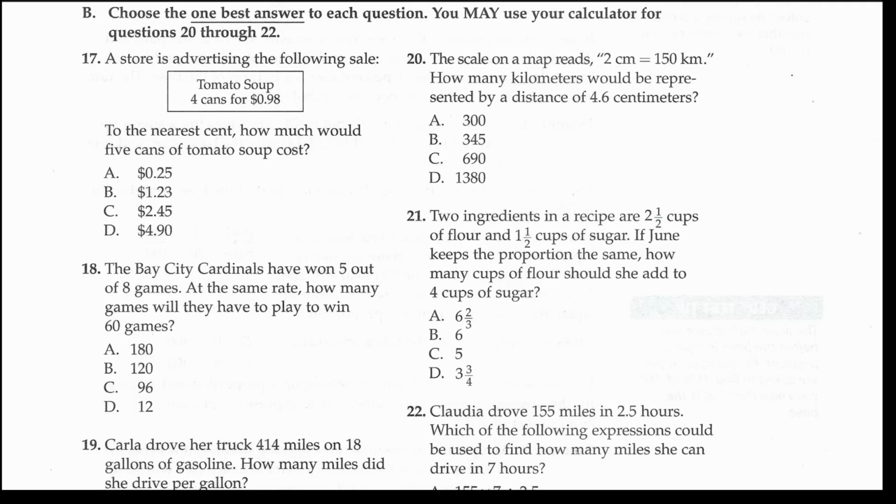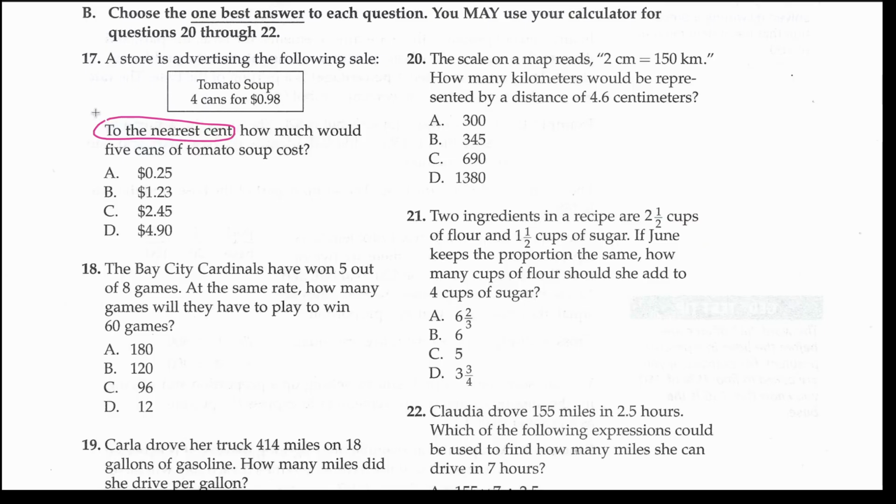Number 17, a store is advertising the following sale. See, the following sale. And it says tomato soup, 4 cans for 98 cents. Okay, pay attention to this. It says to the nearest cent.